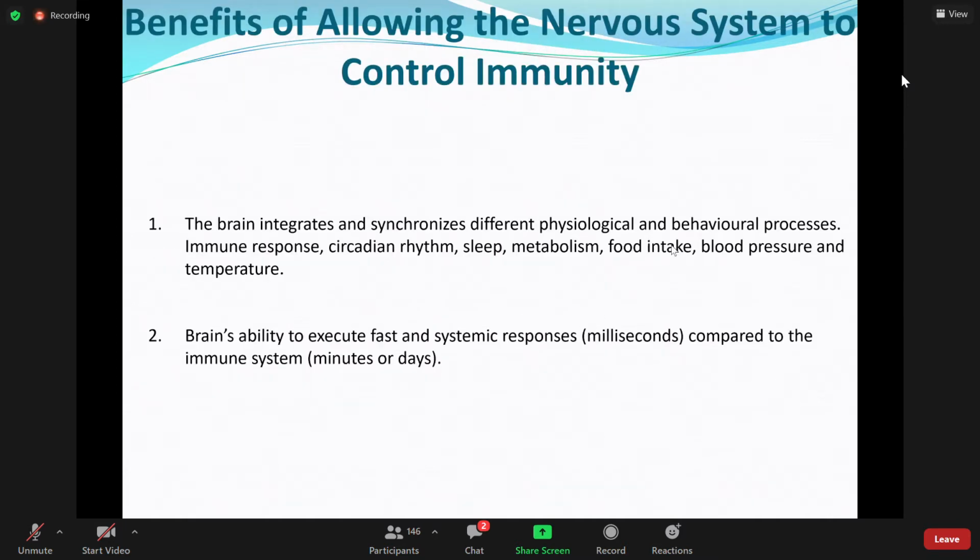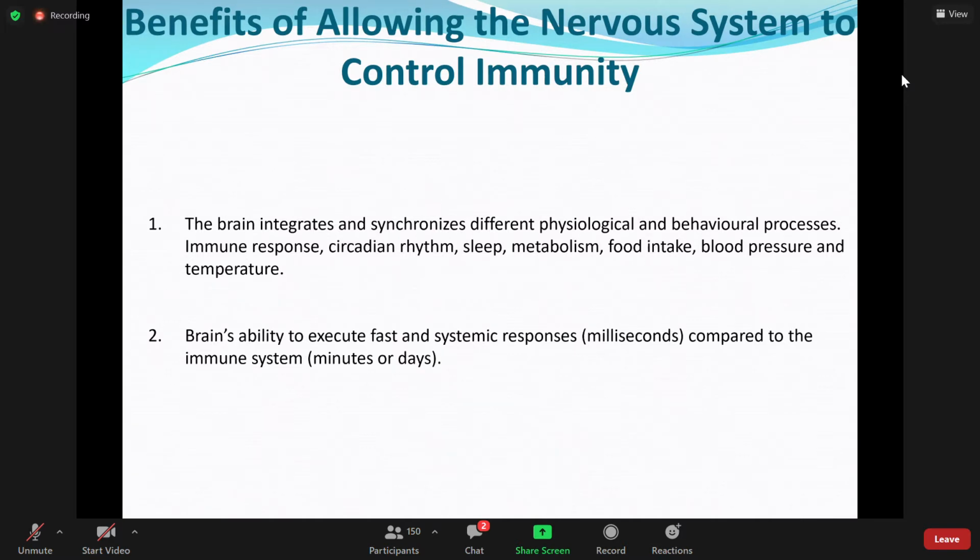So first of all, why should we consider the control of the nervous system to the immune system? What are the benefits in terms of the organism? First of all, consider that during an ongoing immune response, with the proliferation of lymphocytes, neutrophils, with the production of cytokines, antibodies, and other mediators, all of that takes a lot of energy.